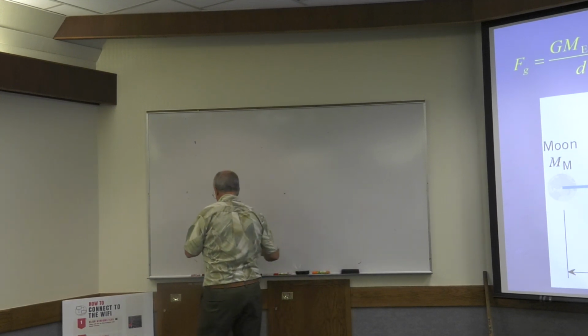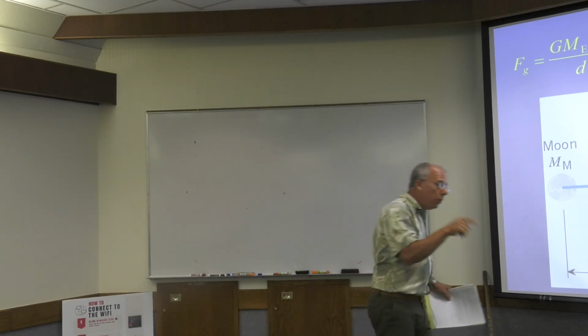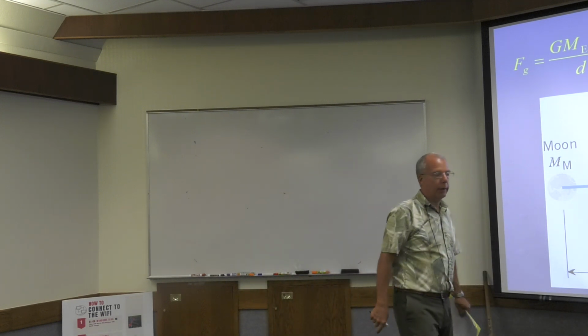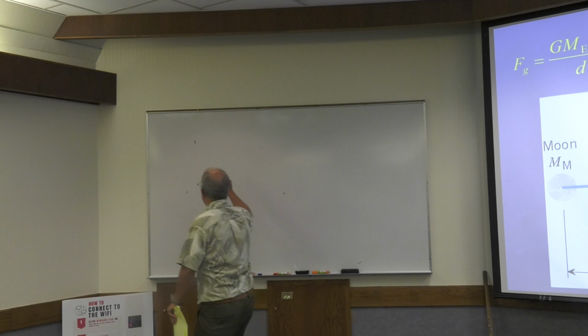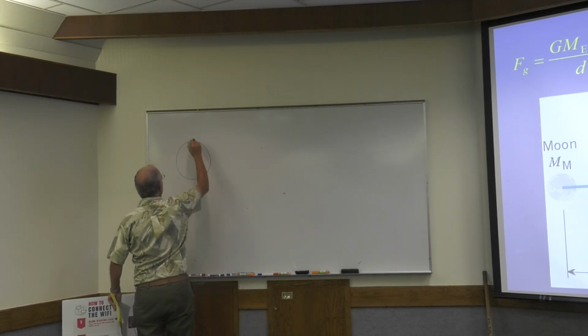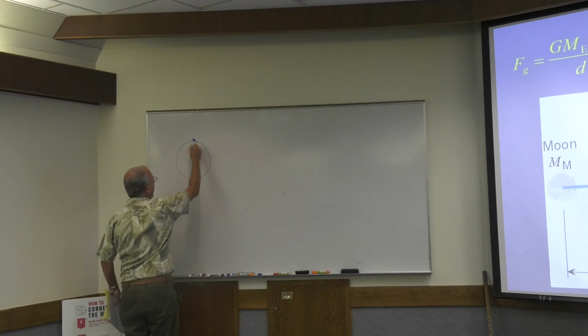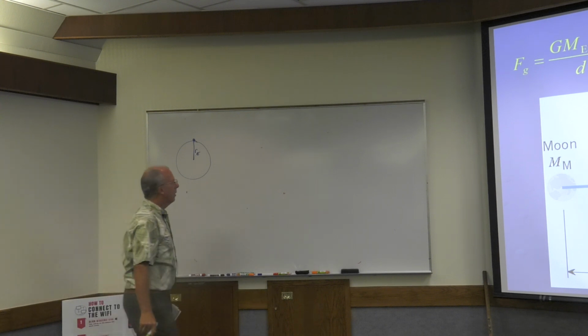Here's the question. So what's the force of gravity between you and the Earth? All right, so here's the Earth. Here's you. The distance between the center of you and the center of the Earth is basically the radius of the Earth, right? Okay, so let's do it.